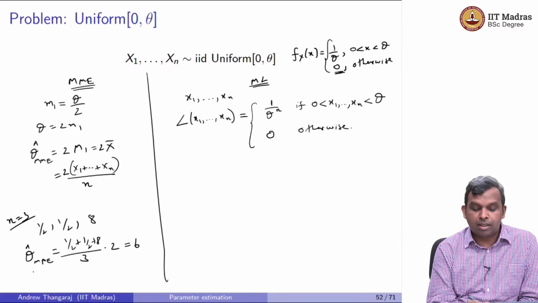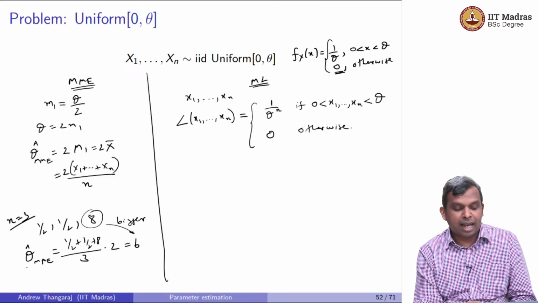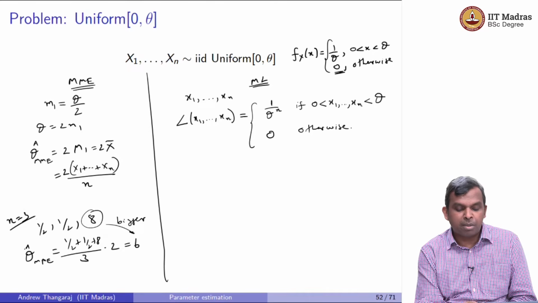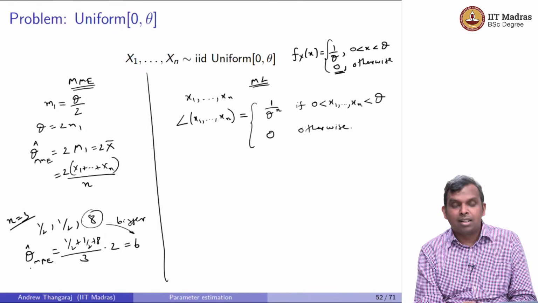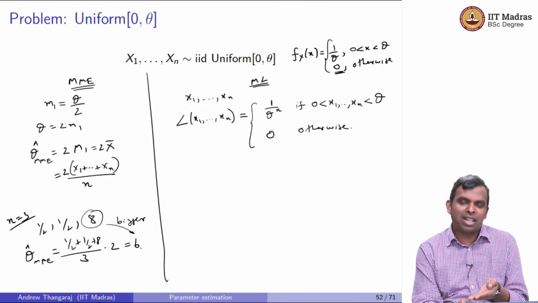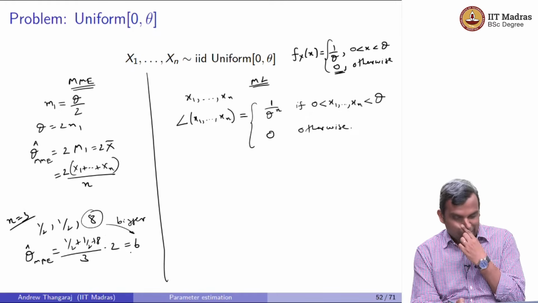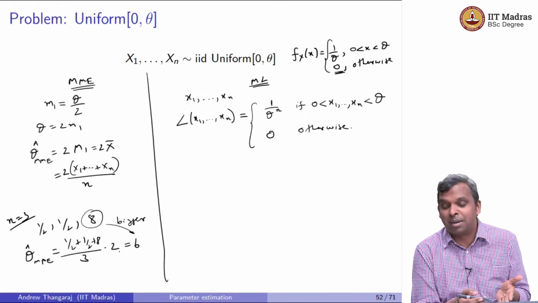So this is your theta hat MME, and notice 8 is bigger than 6. So this actually gave you an estimate for theta with which the sample itself cannot agree. 8 cannot be obtained if you say the theta hat is 6, seems a little bit ridiculous. But that is what the method of moments estimator is giving you.